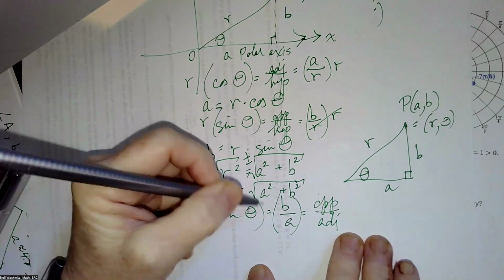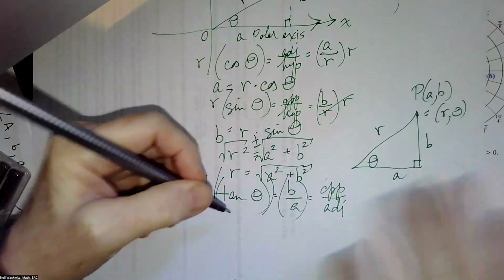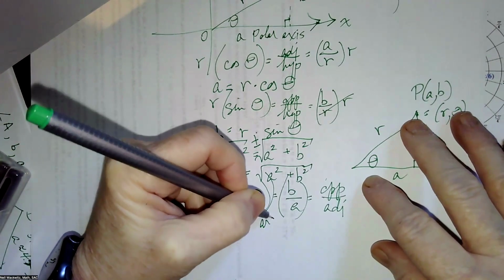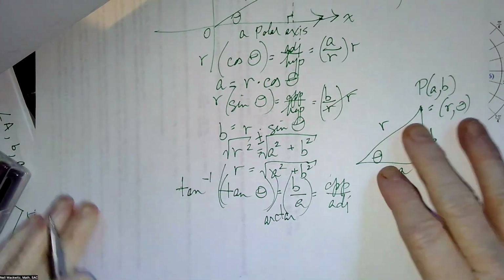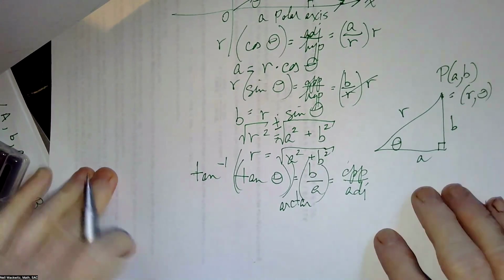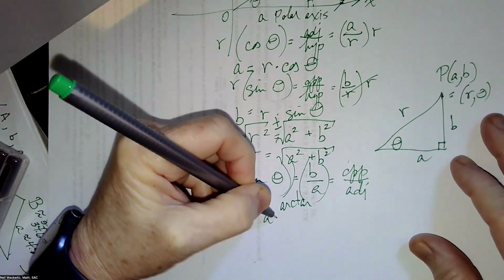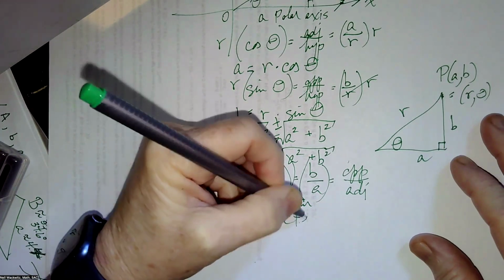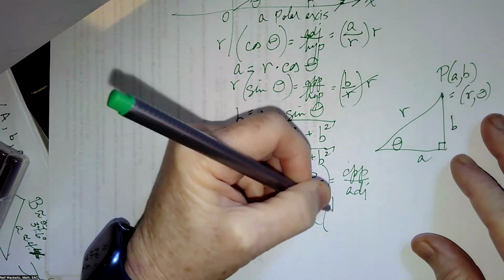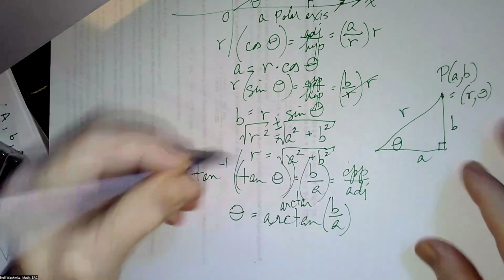Beautiful. So I can take the arctan, or the inverse tangent, of both sides, and I get that theta is equal to the arctan of B over A.